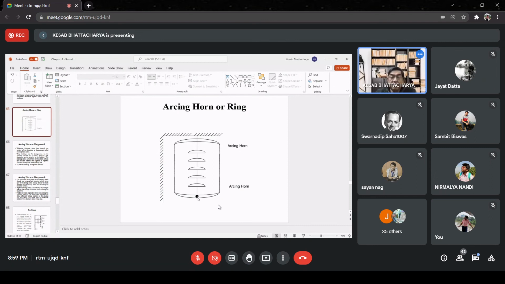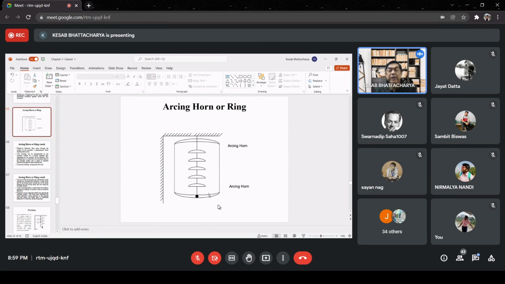This is done because in the event of failure, we have seen that it starts from the lowermost disk, then extends upward and finally bridges the high voltage and earth electrodes. This is because the voltage and the stress initially exceed the ionization strength or breakdown voltage of air across the lowermost disk.